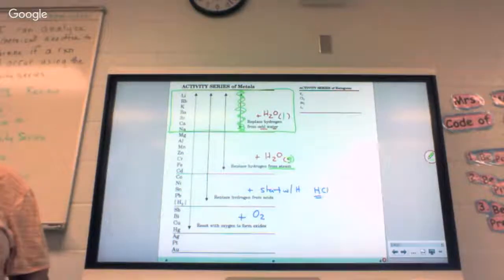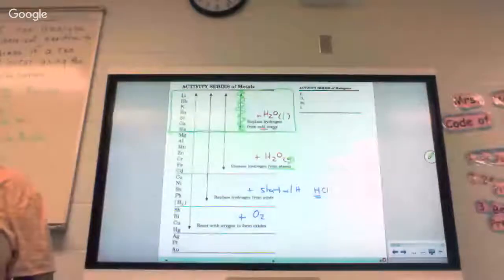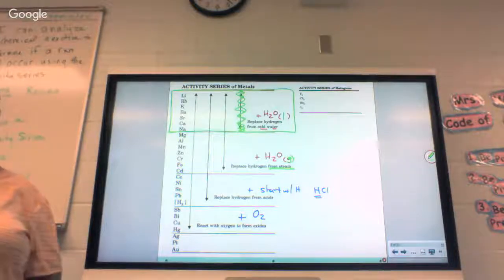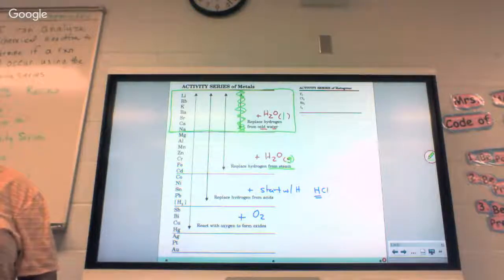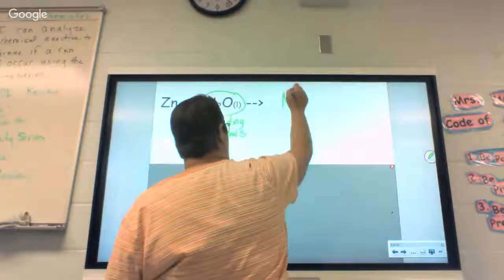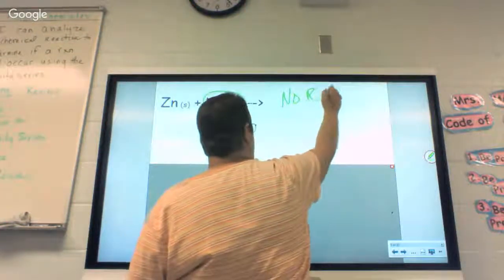Do you see the arrow on your paper? Is zinc in the range of that first arrow? No. Then all we write here is no reaction.